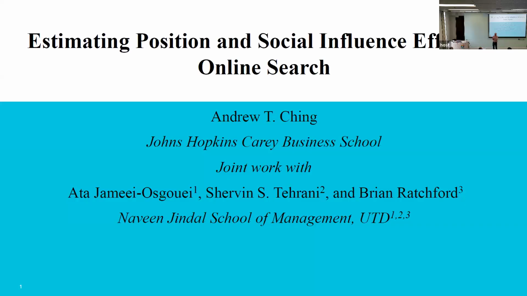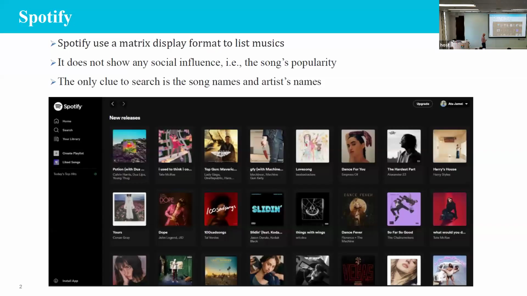Okay. So now we're going to switch to another paper where we're actually using experimental data to conduct the exercise. Hopefully this fits the theme of the conference for this time. The focus of this is about search.